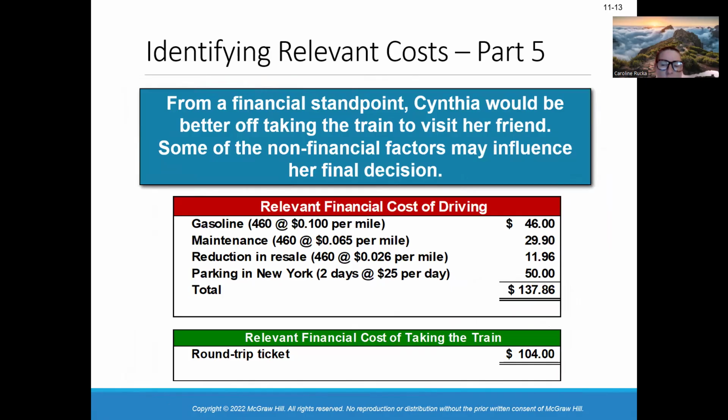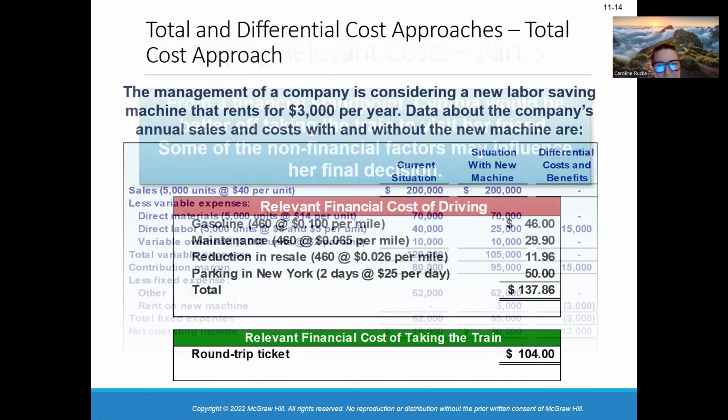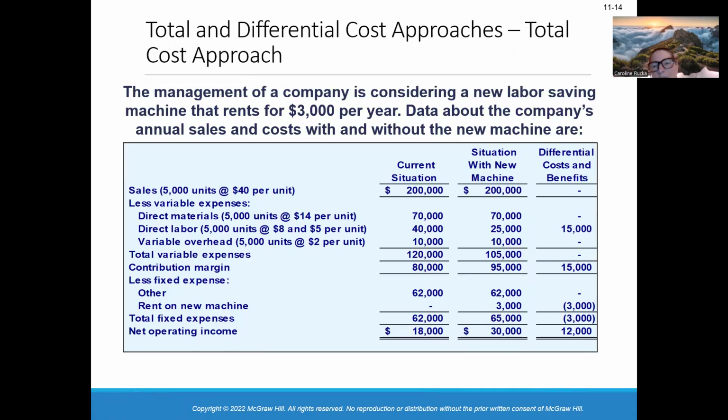So just looking at the financial standpoint, Cynthia would be better off taking the train, though there are still non-financial factors that could influence her decision one way or the other. So the relevant cost of driving is more expensive than the relevant costs of taking the train. Pretty straightforward, right?